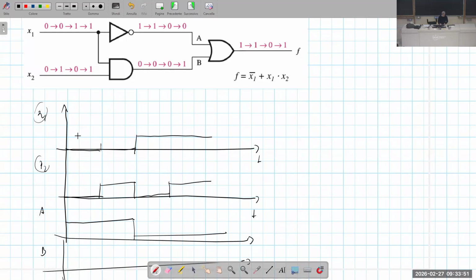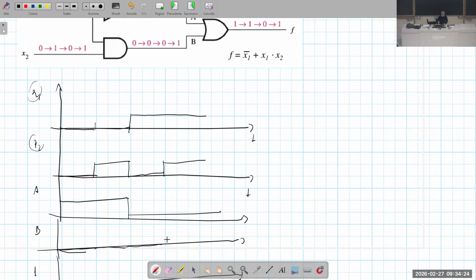So when we have x1 at 0 and x2 at 0, B is 0. When we have x1 at 1 and x2 at 0, B is 0. When we have x1 and x2 both at 1, B goes to 1.